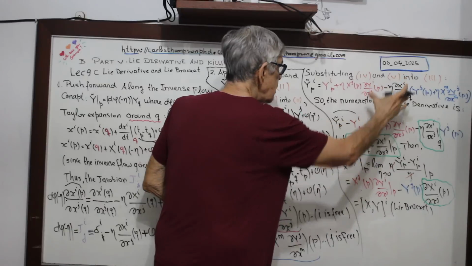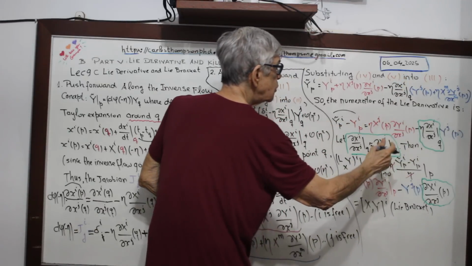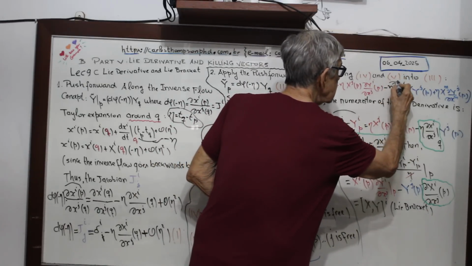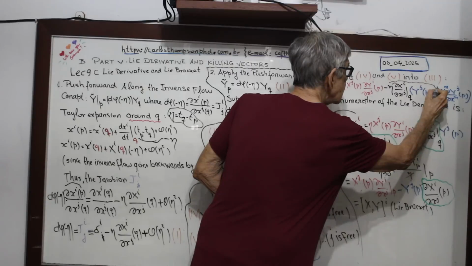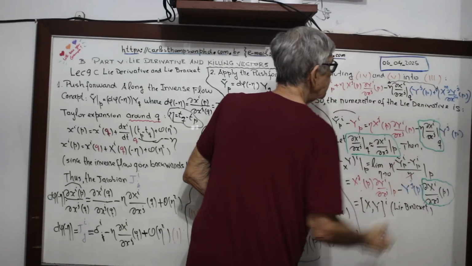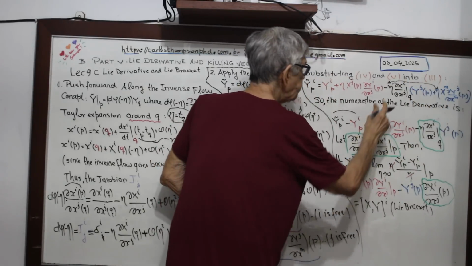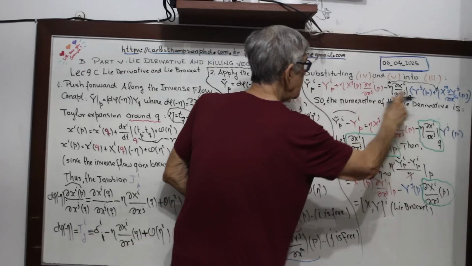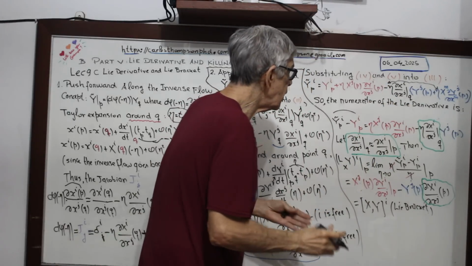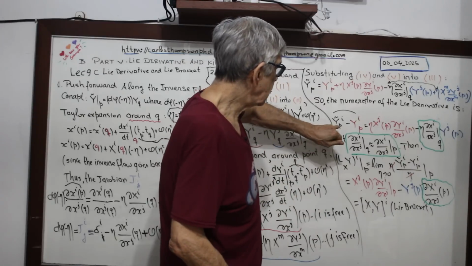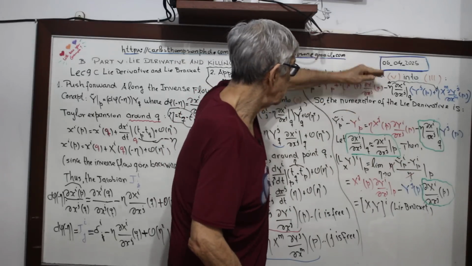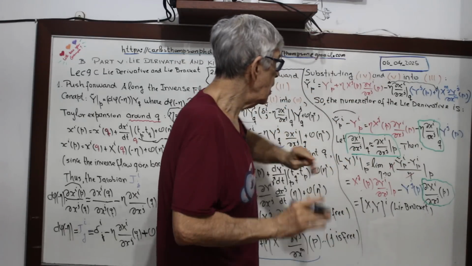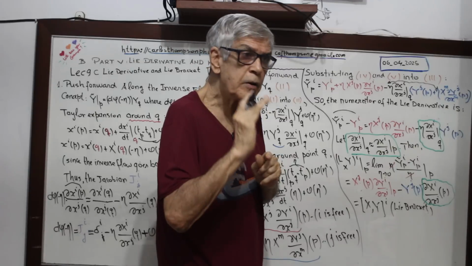So from here, I write this, just neglecting this term. Look, this is eta and this is eta, so I multiply this by eta, and then I have this equation over here. Quite easy.